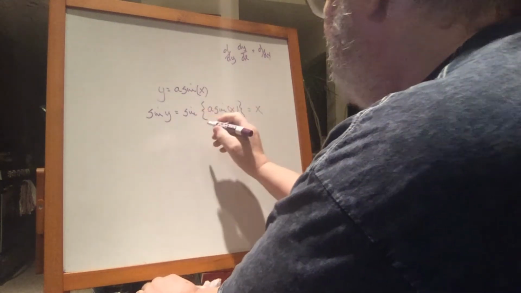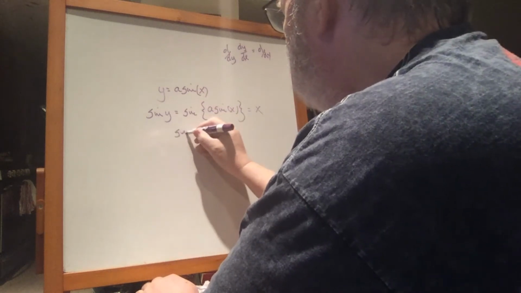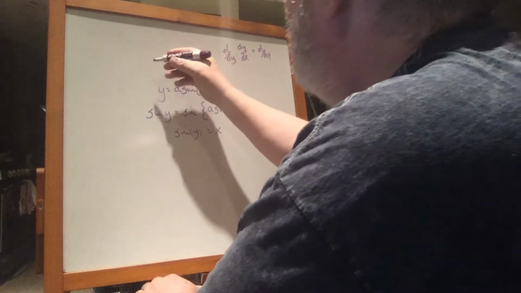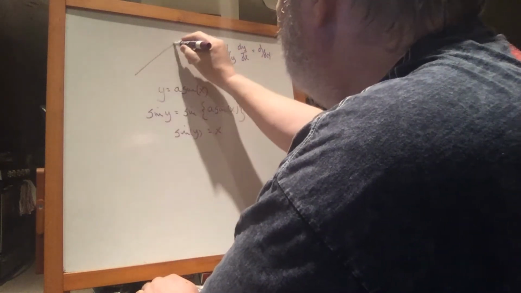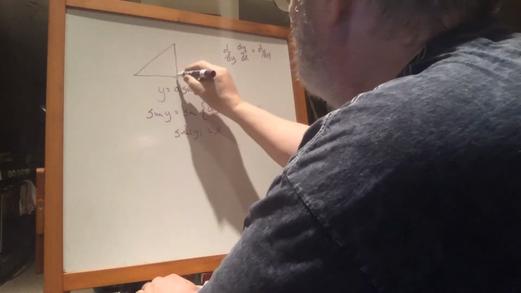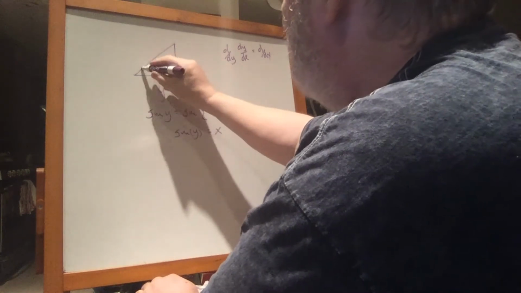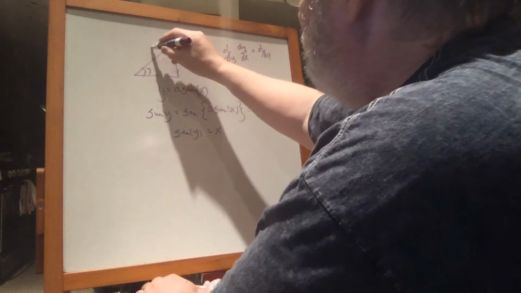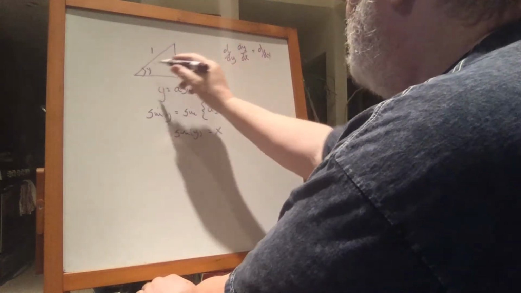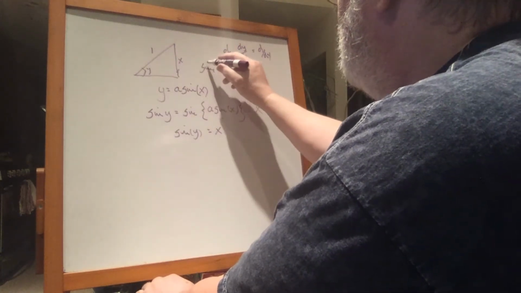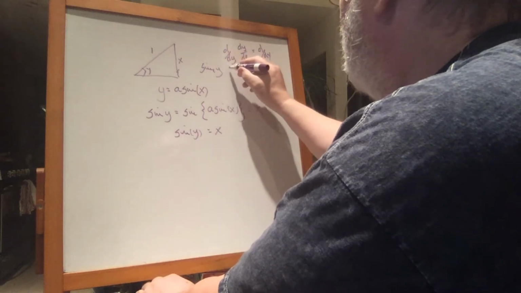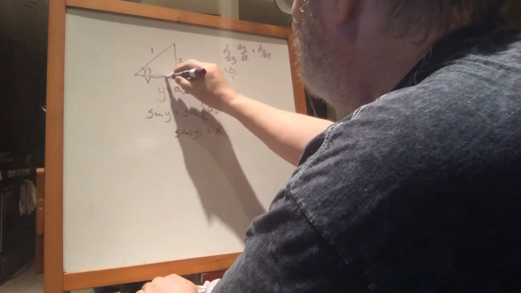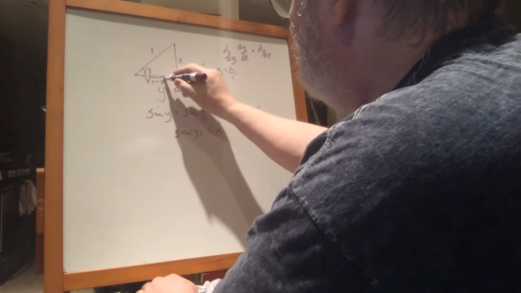So sine y equals x. The way we would have that is we're looking at that as y, x, and 1. And the sine of y would be x over 1. And that means this side would be the square root of 1 minus x squared.